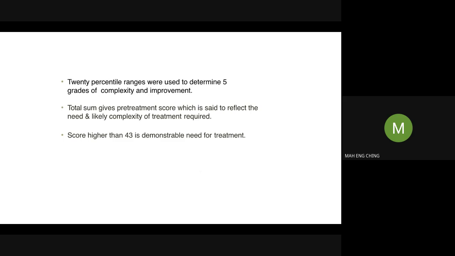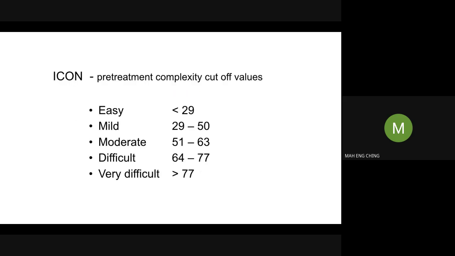The total sum gives a pre-treatment score, which is scaled to reflect the need and likely complexity of treatment required. A score higher than 43 is a demonstrable need for treatment. So this one is very simple. Then they have easy, mild, moderate, difficult, and very difficult, based on the sum of the score, so the pre-treatment cutoff value.